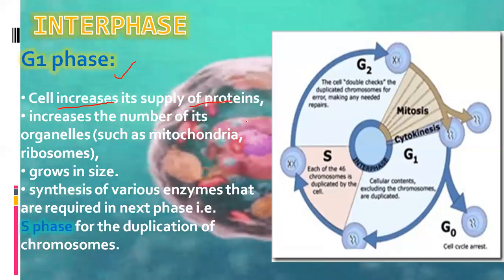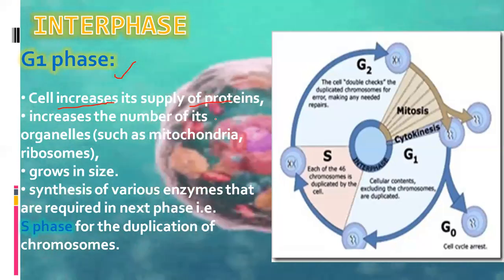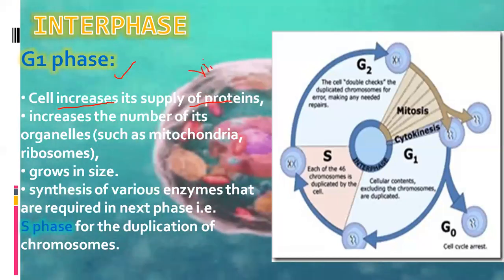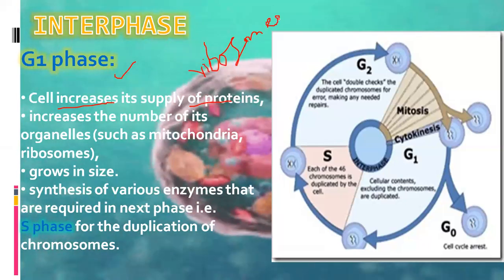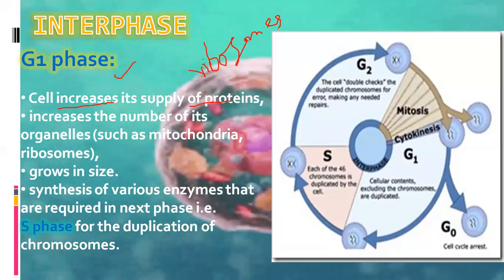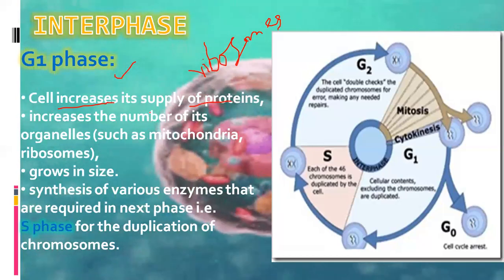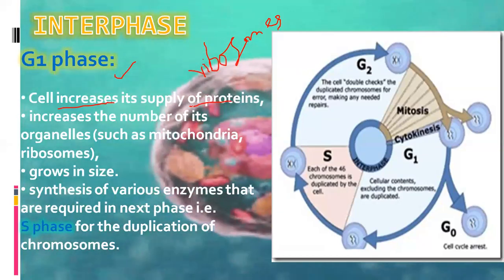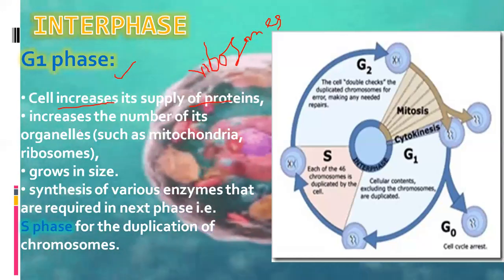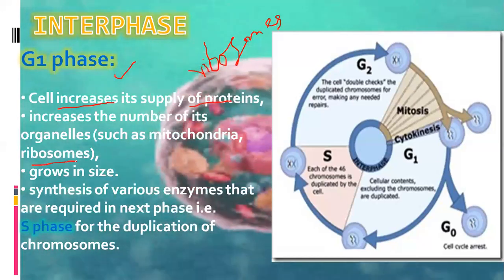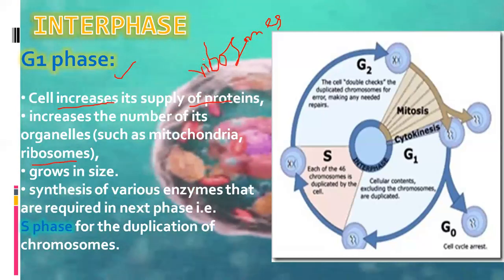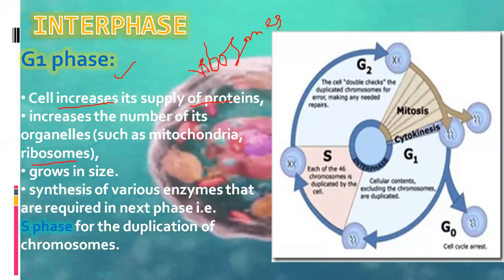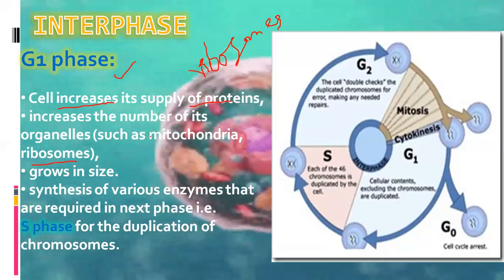For the supply of protein, what organelle is needed? Yes, that is ribosomes. Ribosomes are required for protein synthesis. So when there is an increase in the supply of proteins in the cell, definitely the cell will increase the number of ribosomes. Also, its metabolic activity is very high, so it needs energy.